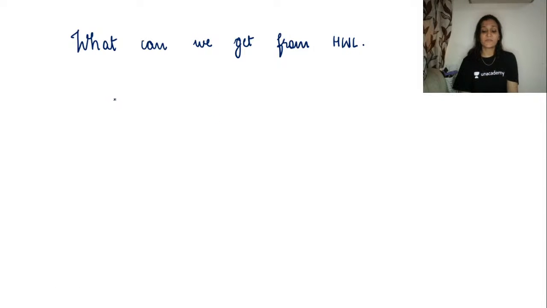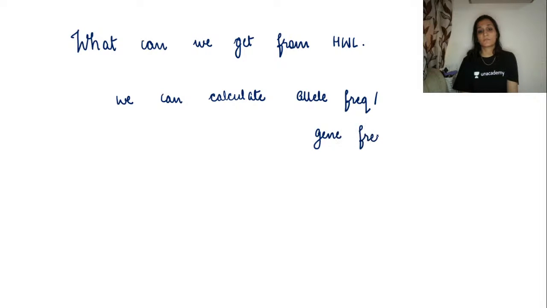The thing that we can understand is we can calculate allele frequency or gene frequency. And what else? We can also understand how a population is going to behave in a certain situation.